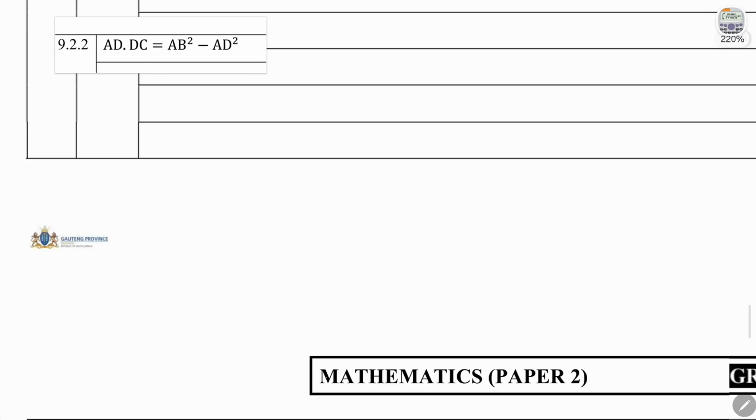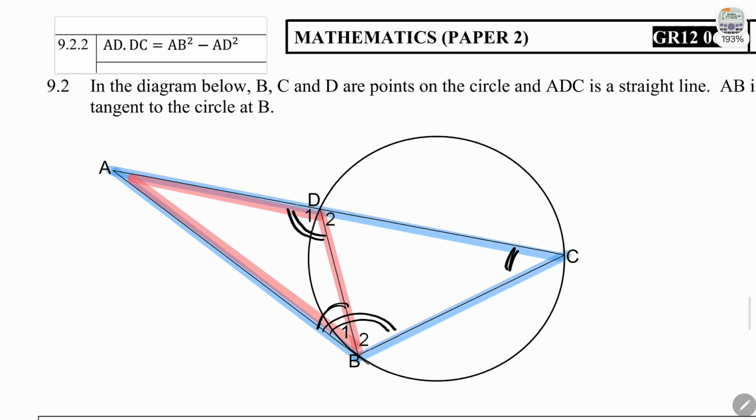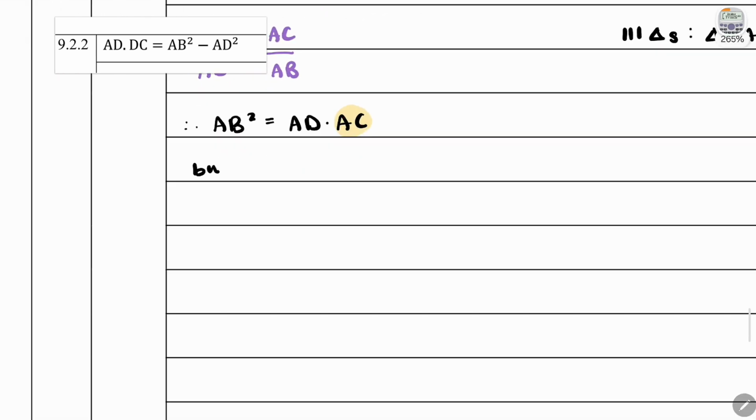Okay, so let's look in our diagram and see what AC is. AC is this entire length. And do you see that AC is made up of AD plus DC? That actually makes sense, so let's note that down. We'll say that AC is equal to AD plus DC.